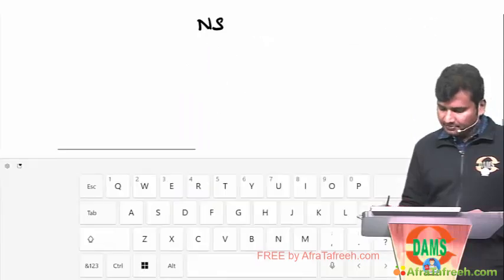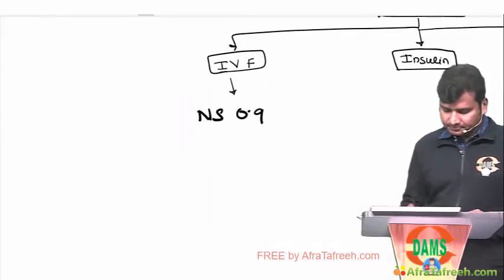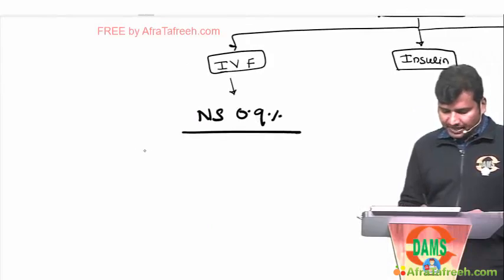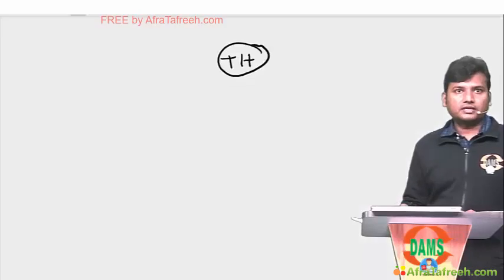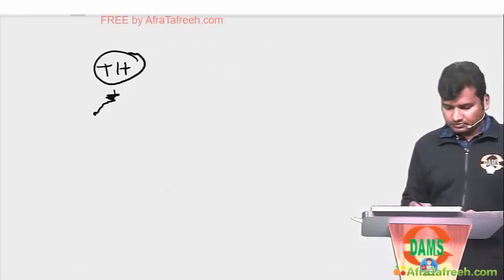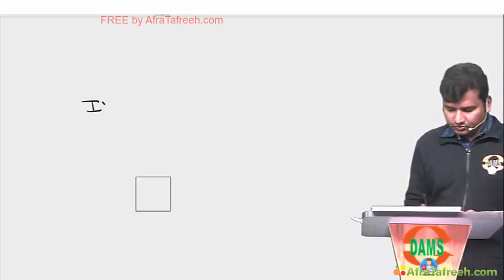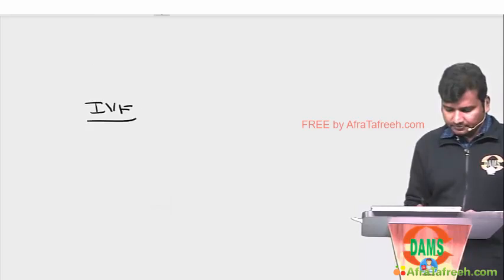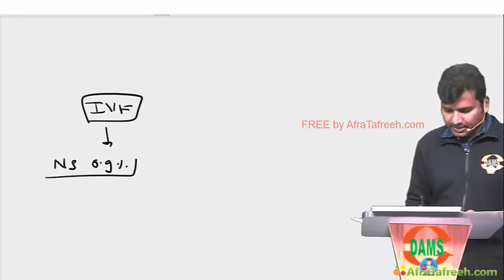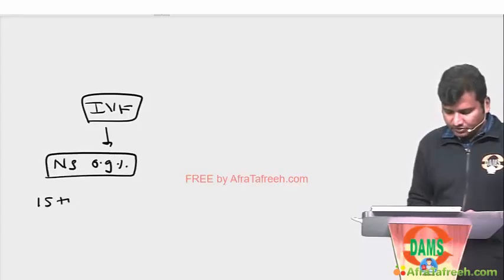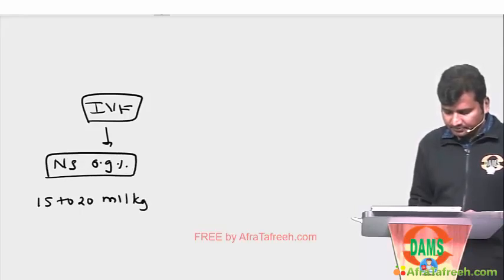It is 0.9% normal saline, and it is given at the rate of 15 to 20 ml per kg per hour for the first 3 hours.